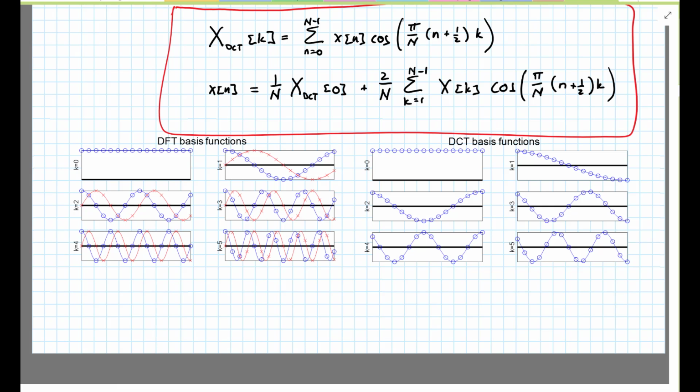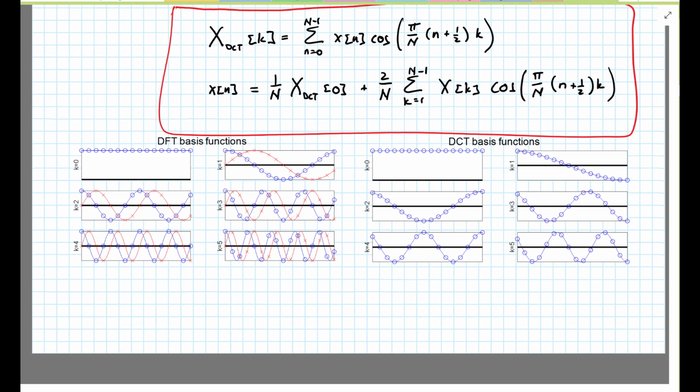For the DFT, when k equals 2, we now have 2 periods of that waveform. But the next one in the DCT is 1.5 periods of a waveform. And we don't get 2 periods until k equals 4. So we have twice as many frequencies in the DCT. They're closer together, and we lack the imaginary part.